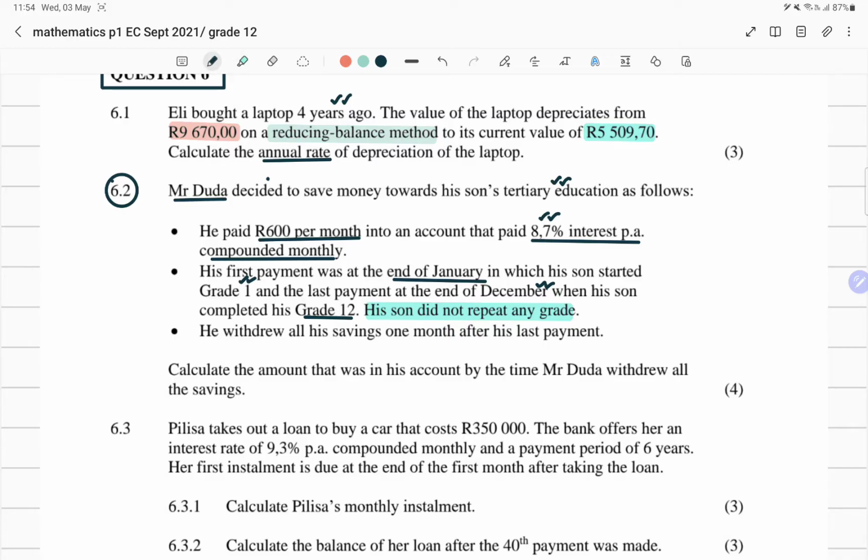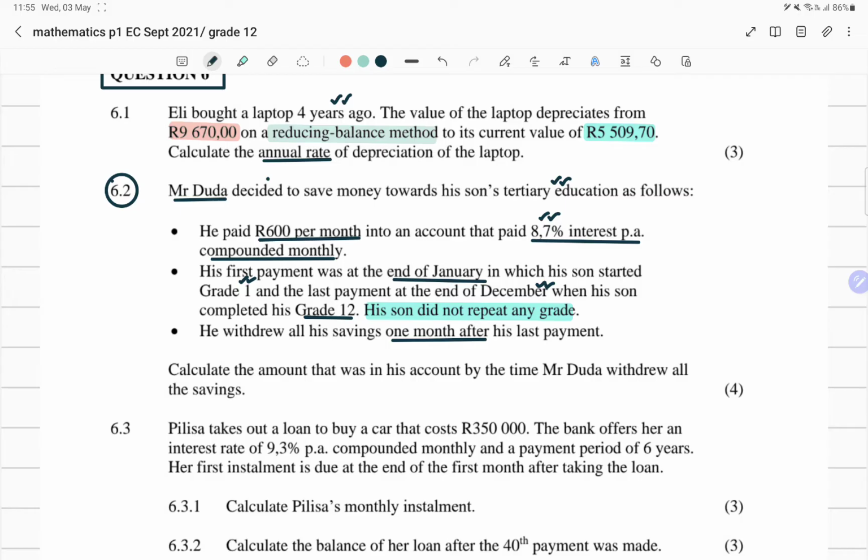Somebody worth keeping the money for, not the ones who just fall into the cracks of this world. Anyway, so Mr. Duda is a lucky man to have a brilliant son. Now he withdrew all his savings 1 month after his last payment. Okay, so that means this thing went on for an extra month.